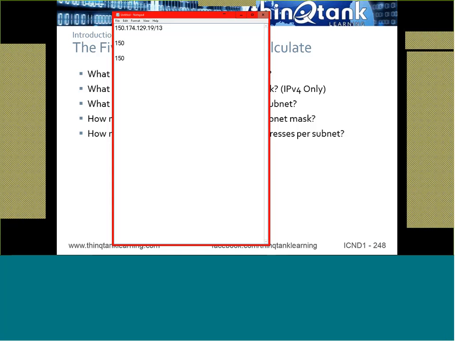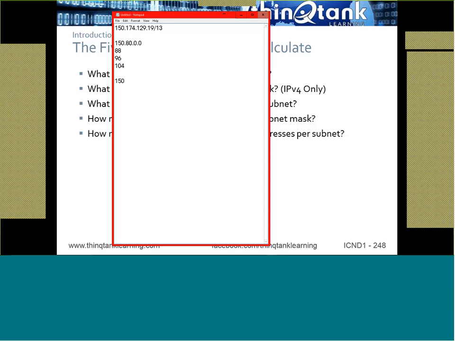So I know that, for example, a network is 80, and then another network is 88, another network is 96, another network is 104. What's 96 plus 8? Is that 104? Yep. Right? I know another network is 112.